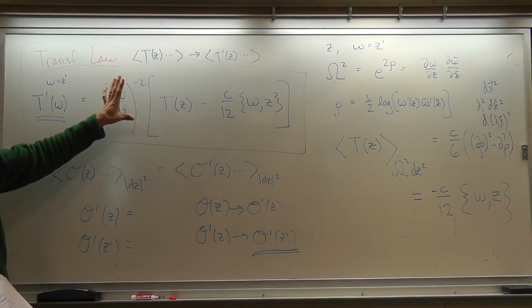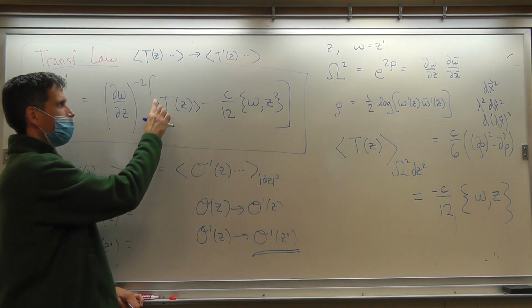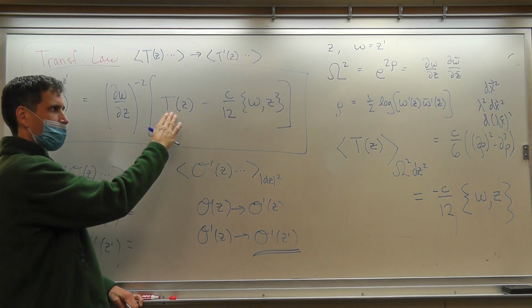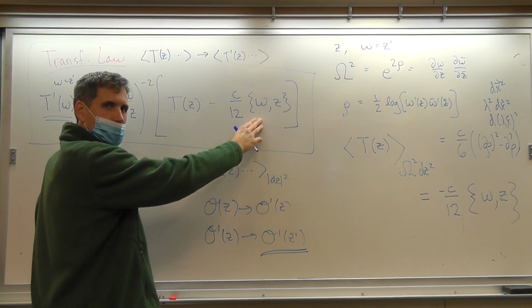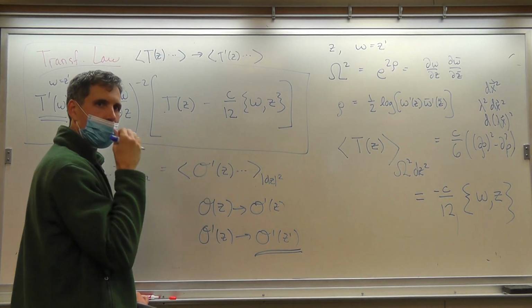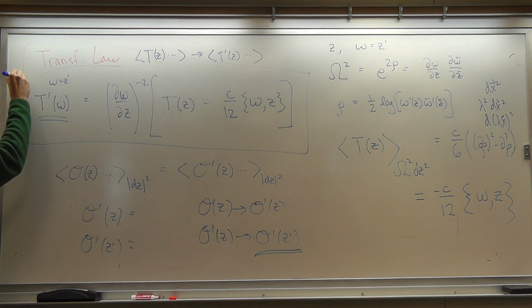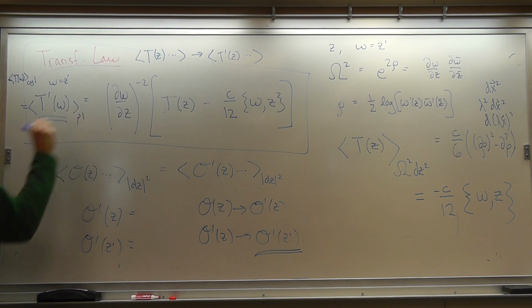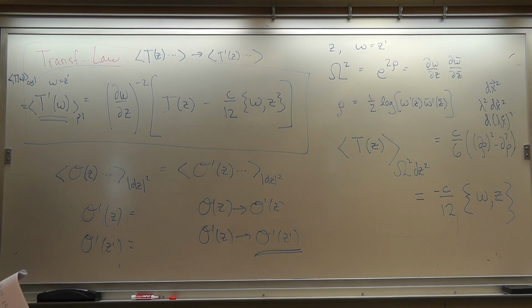On the plane, that one-point function of the stress tensor vanishes. So when you evaluate this on the plane, the first term drops out, and you get a constant, which is the c over 24 expectation value of the one-point function. But T of W on the cylinder is equal to this on the plane. That make sense?